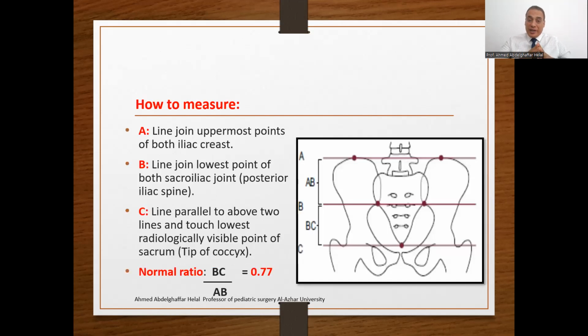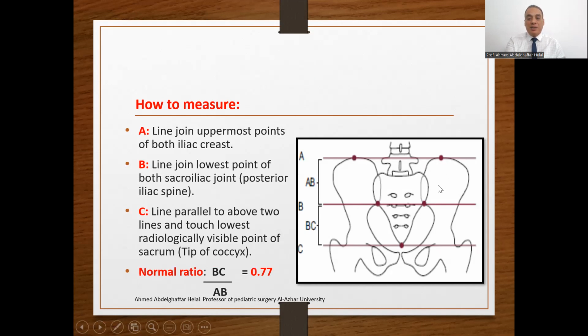How do we measure the sacral ratio? It's very important for all pediatric surgeons to be familiar with this radiologically. We take 3 lines, A, B and C. The first line joins the uppermost points of both iliac crests.